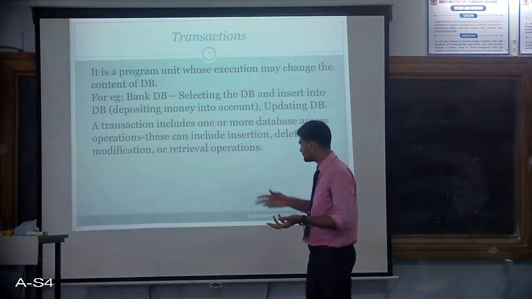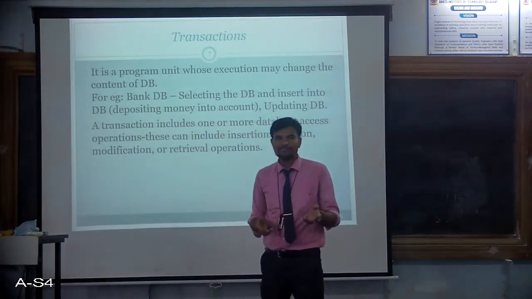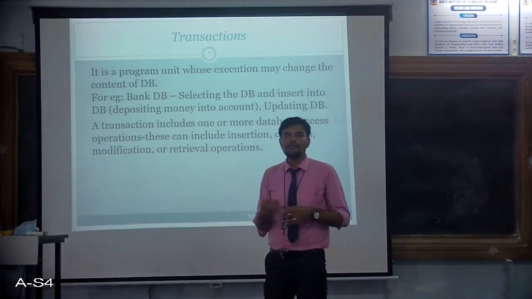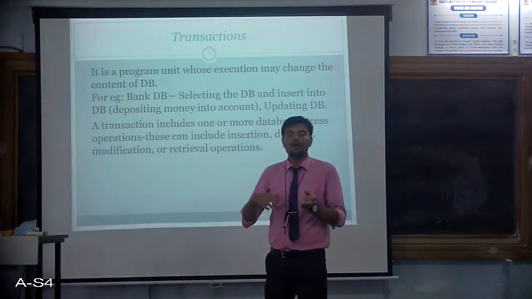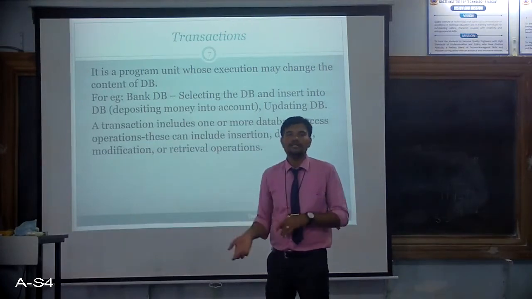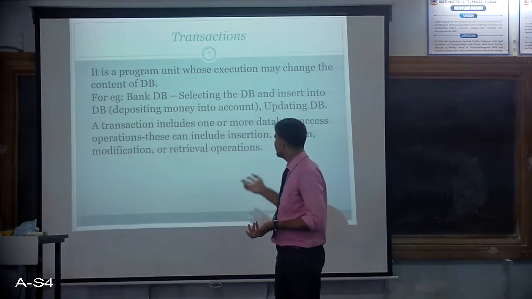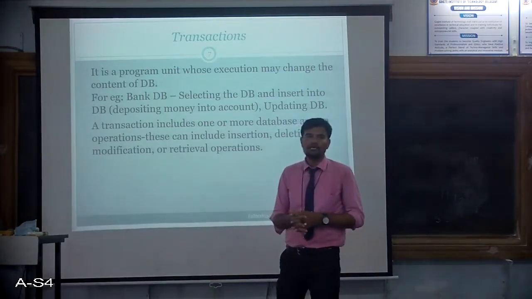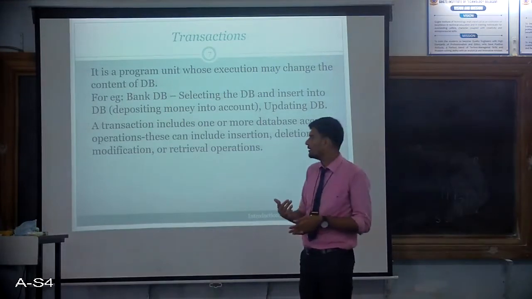And you may perform a modification. Maybe you booked only one seat and you want to update that data in the database to book 3 seats, so you are updating from 1 seat to 3 seats. That is a modification operation. Then there is the retrieval operation: whatever data you have updated can be retrieved.